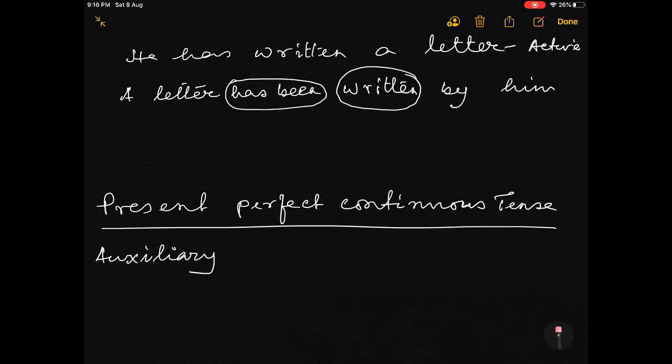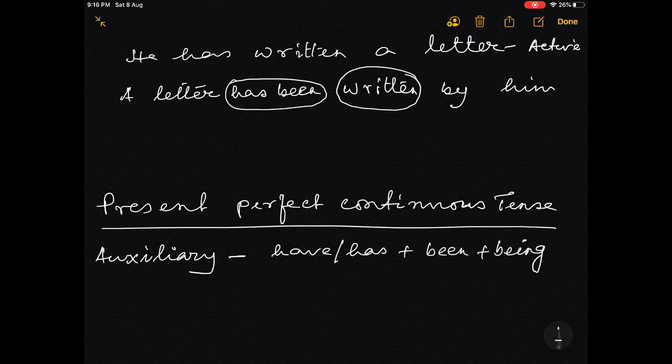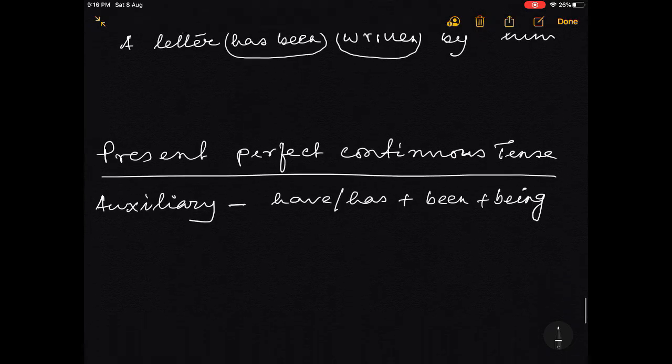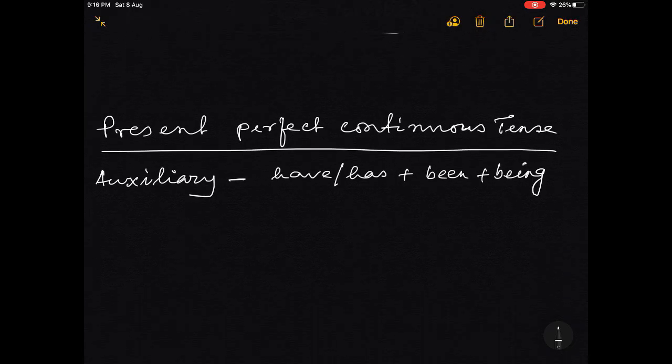Auxiliary only. Auxiliary have or has plus been plus being. Take the same example in present perfect continuous tense.